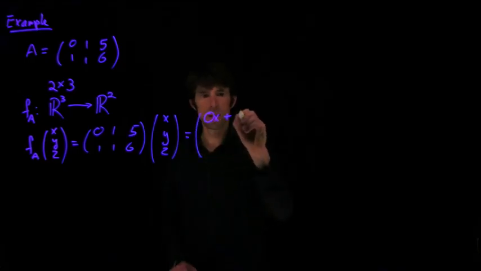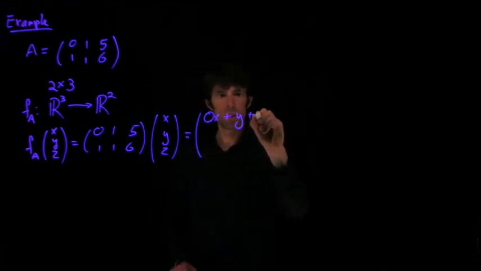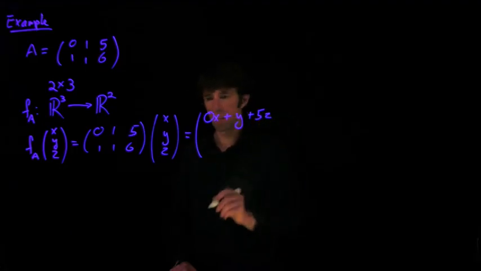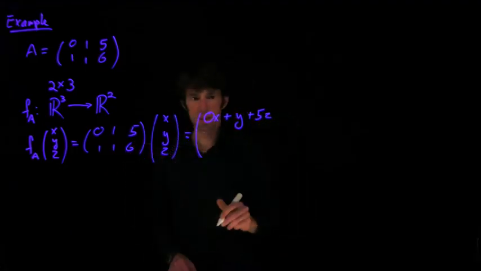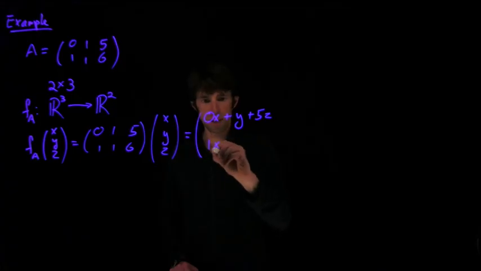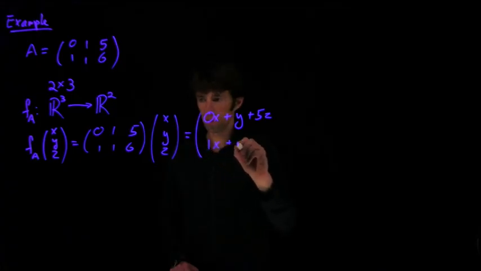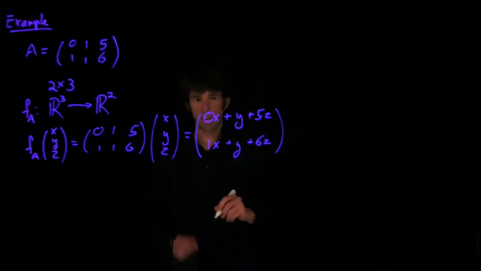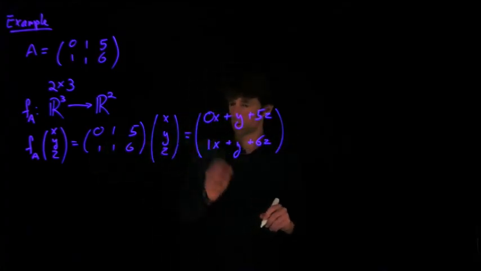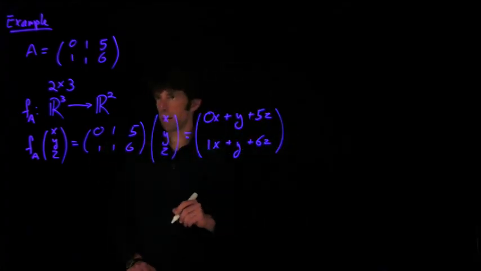And 1 times x plus 1 times y plus 6 times z in the second component. Okay, so that's what I get from just doing matrix multiplication.